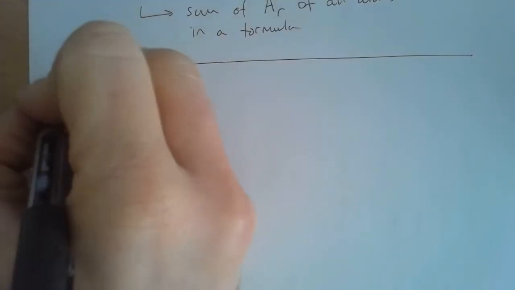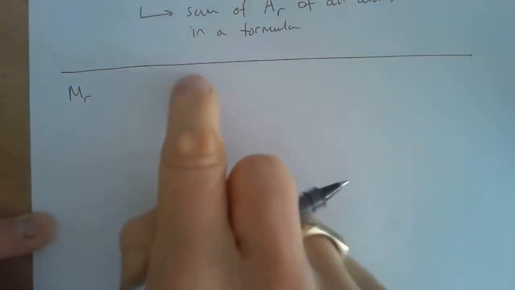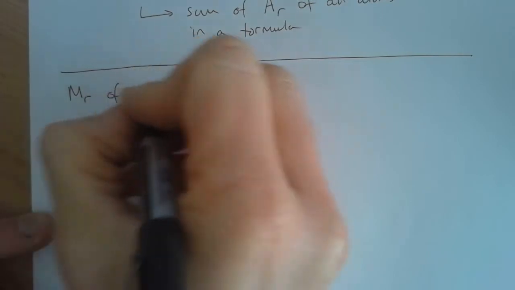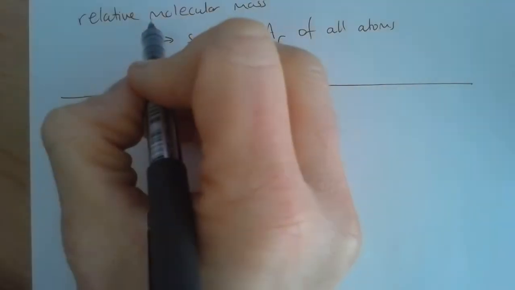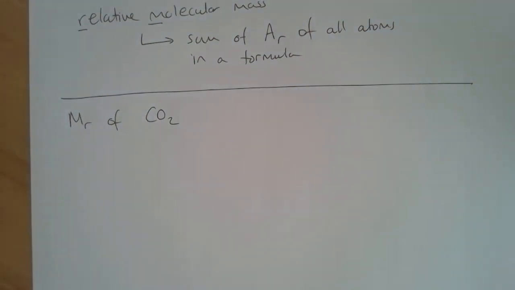Okay, so let's do our first example. Our first example is going to be the Mr, the relative molecular mass of carbon dioxide. This symbol here is the symbol for relative molecular mass. If we just go back momentarily and think about why that is, M for molecular and the r for relative. So Mr of carbon dioxide.